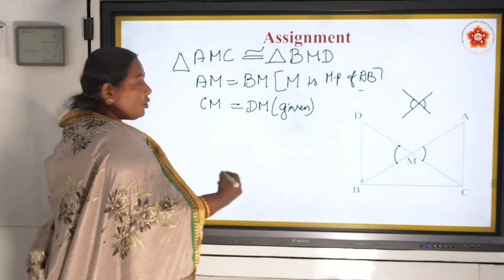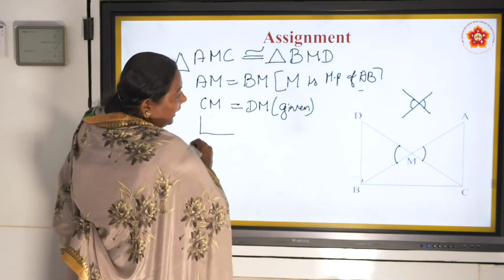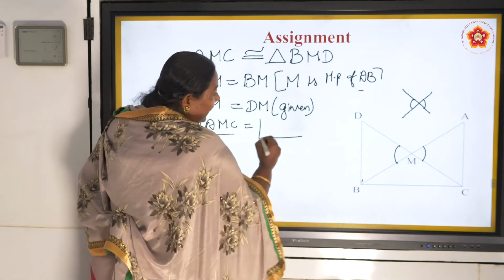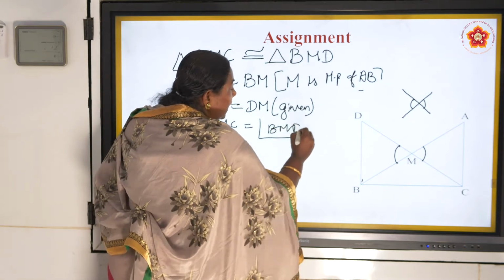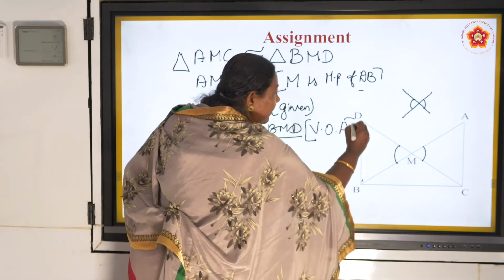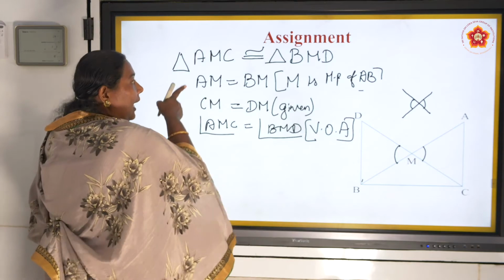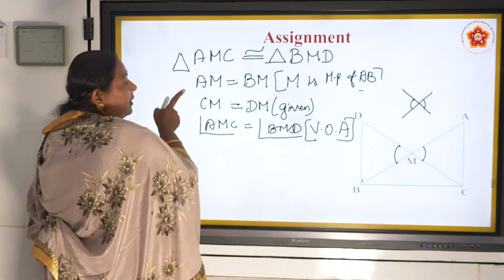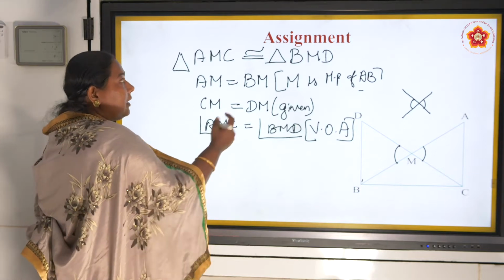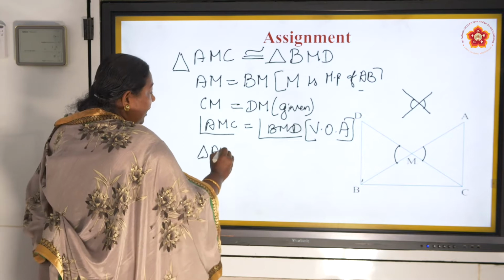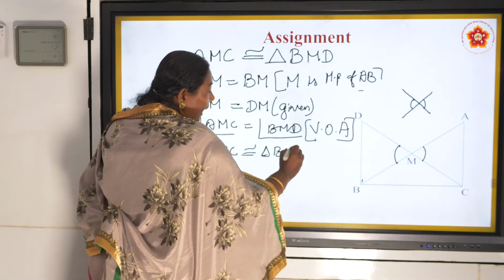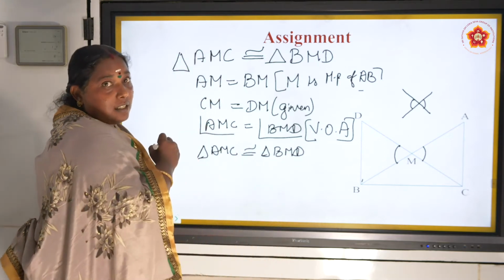That is what we are going to use here. Angle AMC is equal to angle BMD, because they are vertically opposite angles. So I have side, angle, side. On the basis of SAS congruency, triangle AMC is congruent to triangle BMD. I think you understand the first proof.